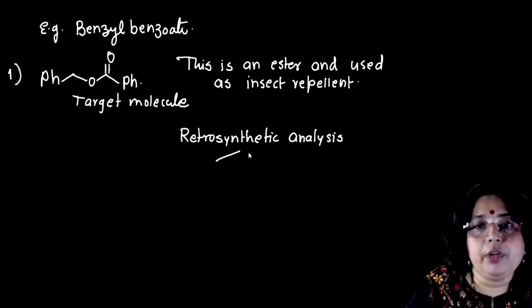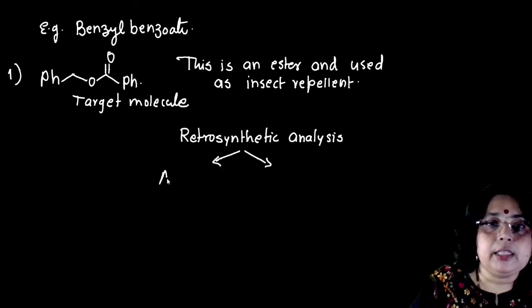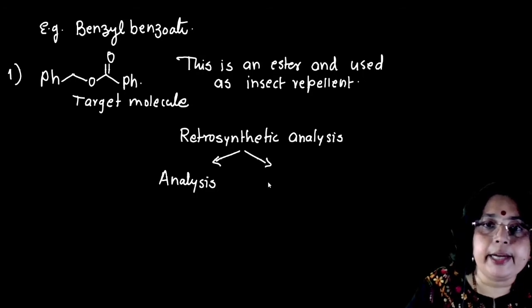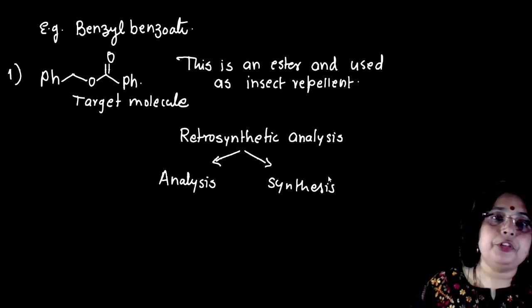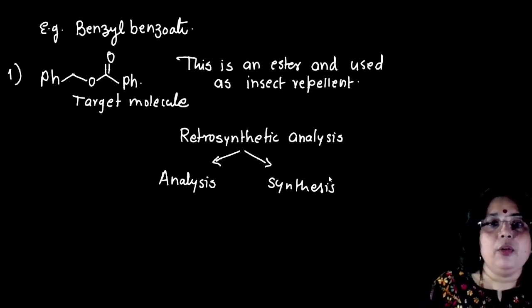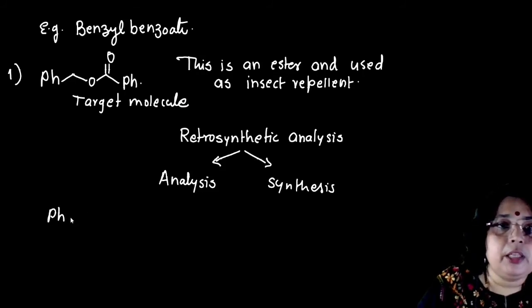Now here we have two parts. The first part is the analysis or retrosynthetic analysis, and the second part is the synthesis. Now let us focus on the first part, that is the analysis, where I am taking this benzyl benzoate as a target molecule. All right.